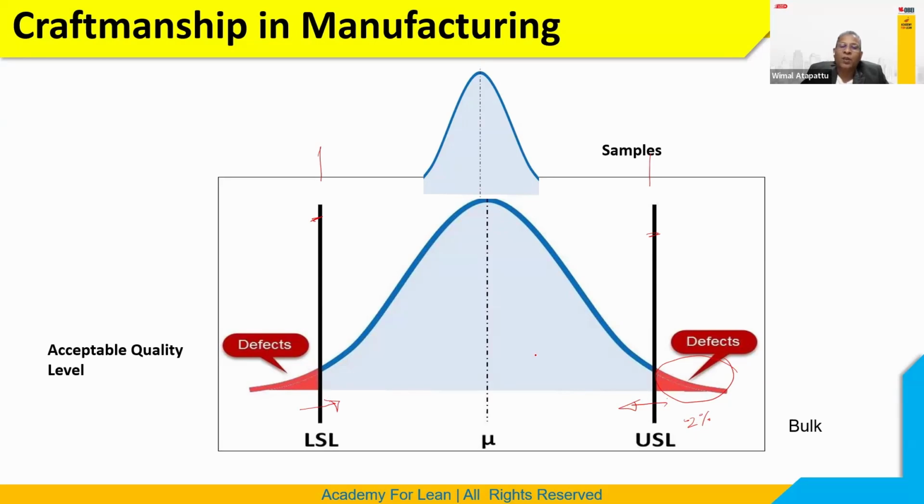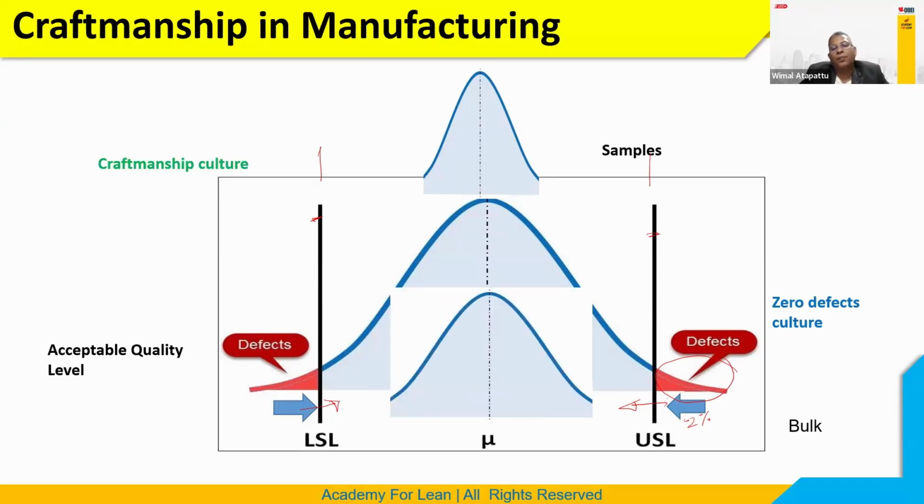Second approach, what we did, how to make this tolerance level, right? In the sense, currently you are passing garments or products, whatever products you are producing.